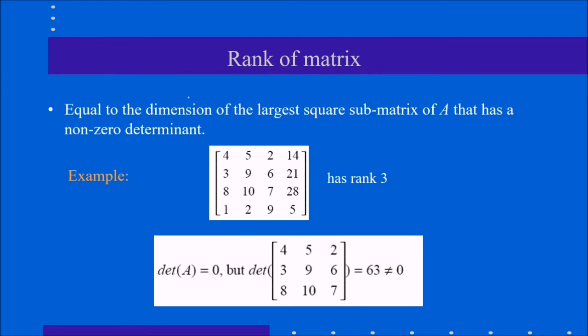In general, trace of AB is not equal to trace A multiplied by trace B. What about the rank of a matrix? The rank is equal to the dimension of the largest square submatrix of A that has non-zero determinant.